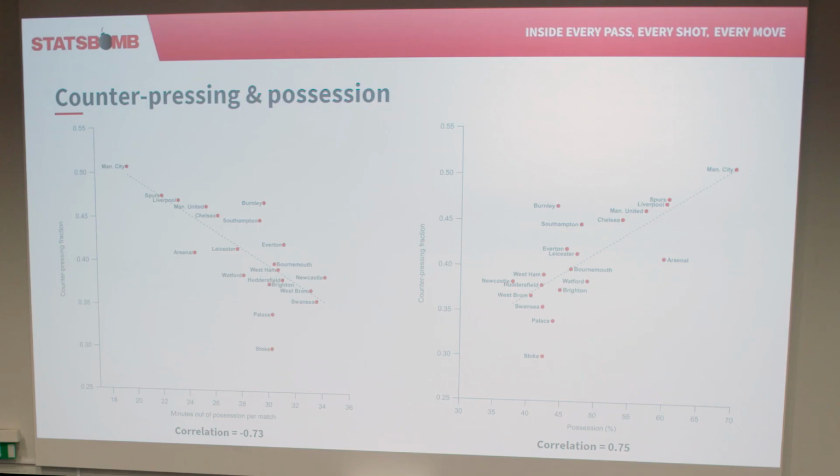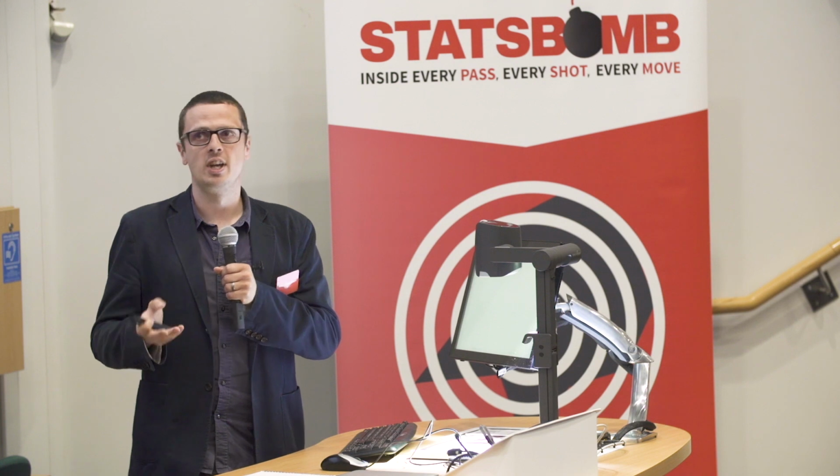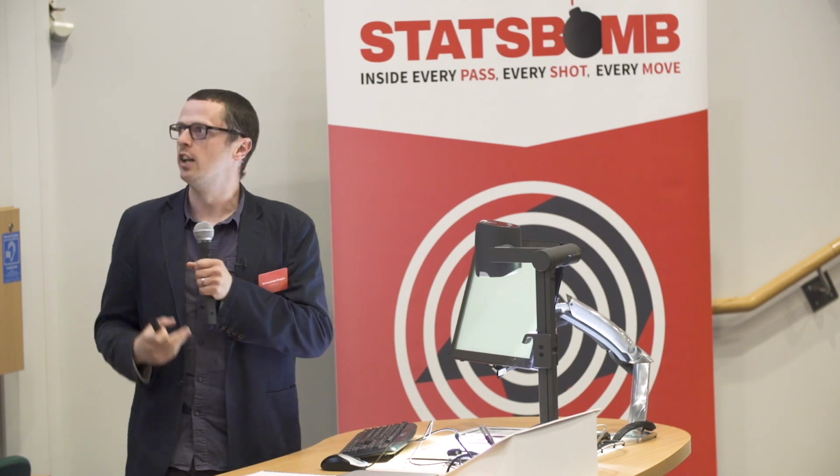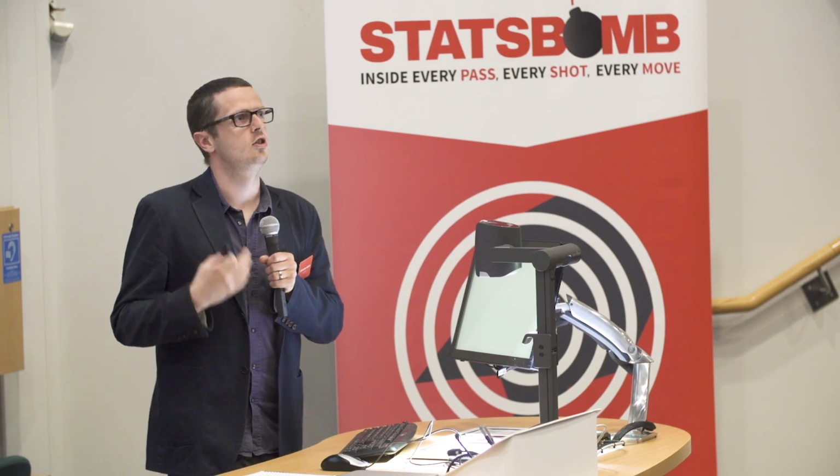Manchester City, their opponents don't have the ball a lot, so they're able to be more intense in terms of the amount of counter-pressing they can do. But the more you counter-press, the more you win the ball back on average, so you get more possession. And there's a kind of circular logic there. But I think that makes more sense in terms of our intuition.